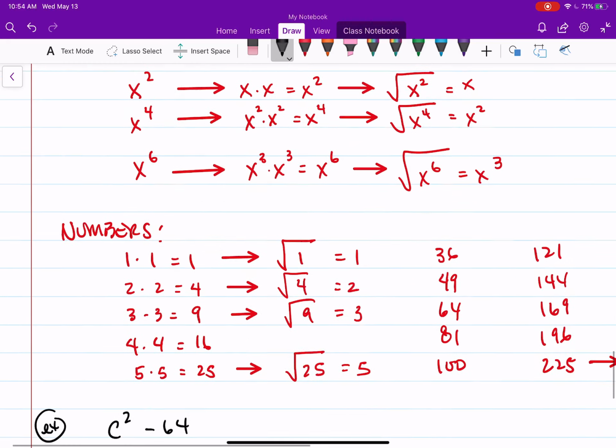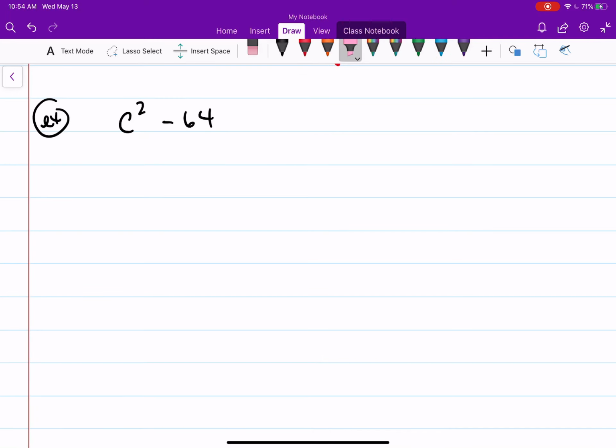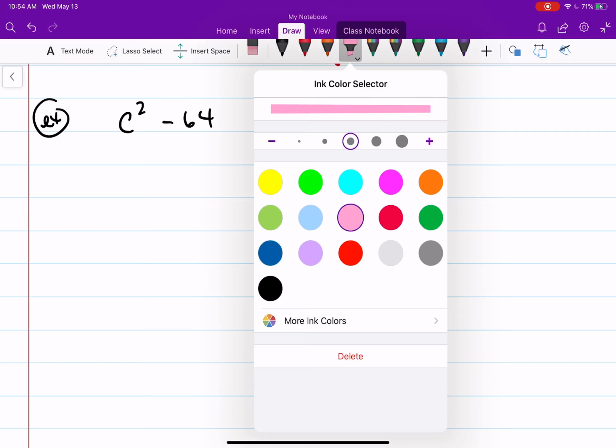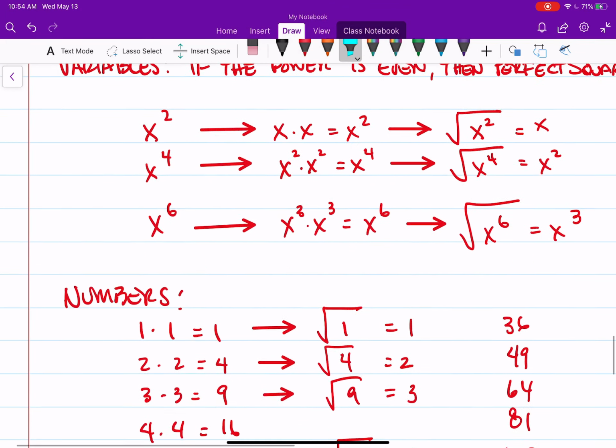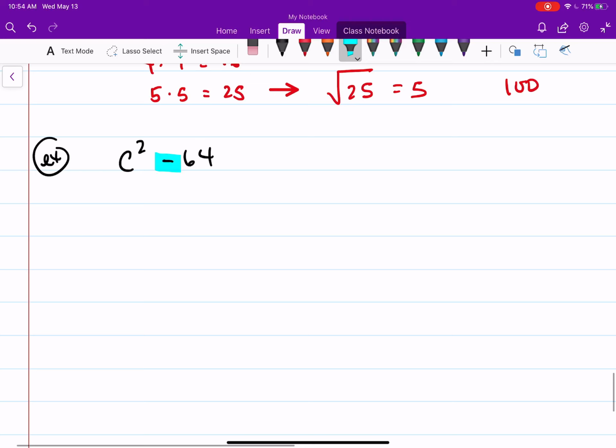So, I used blue. Did I use bright blue? I did use bright blue. Okay, so this means difference.